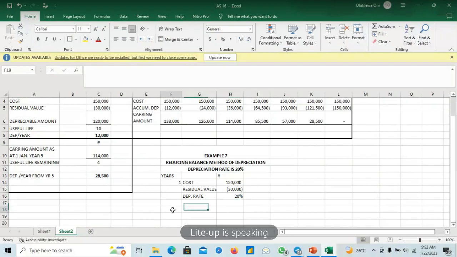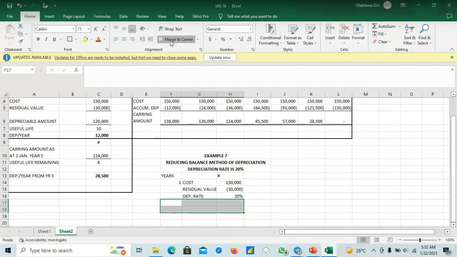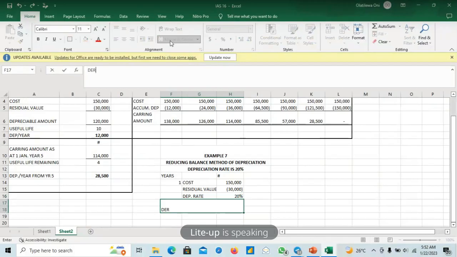So I'm going to put depreciation charges here, for the number of years.